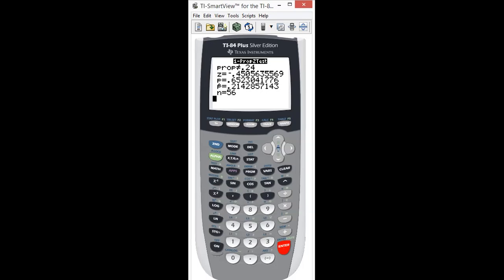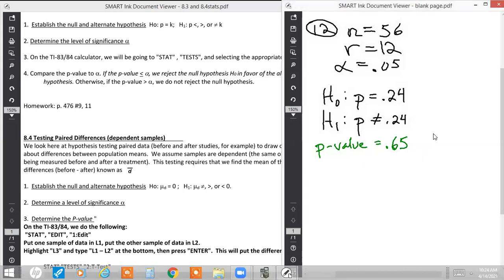Oops, maybe I better clear that first. All right, stop share. Now, let me wait for that little thing to go back up there. Come on. All right, take a look at that p-value.